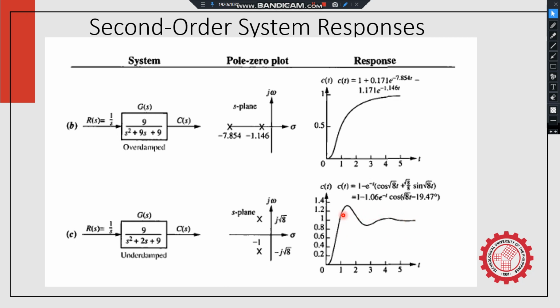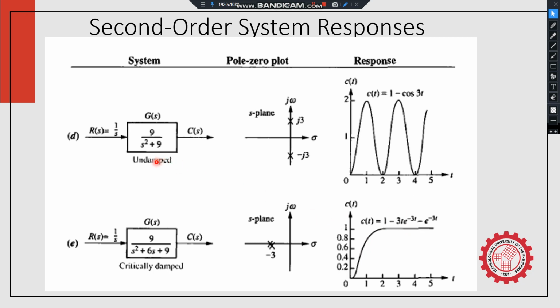Okay? So, have a particular observation with regard to the name and their response curve. So for the overdamped, it has that shape. For the underdamped, it has this oscillation. For the undamped, the pole and zero plot again has two poles within the imaginary lines, imaginary values.